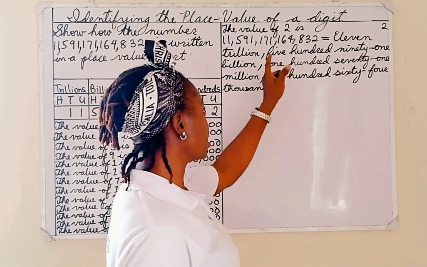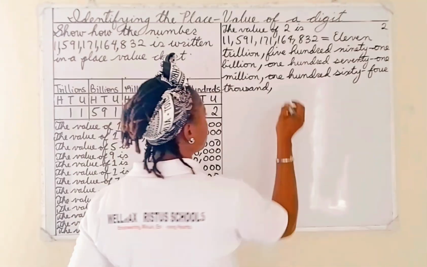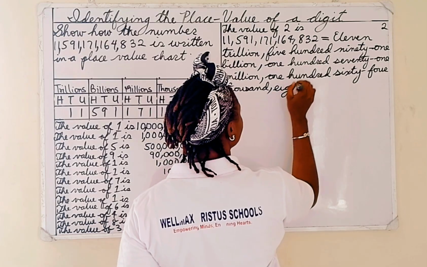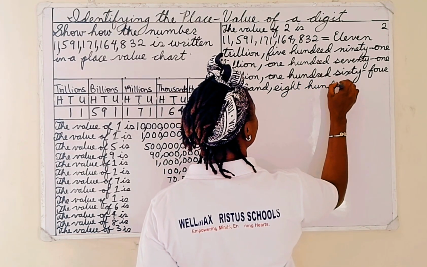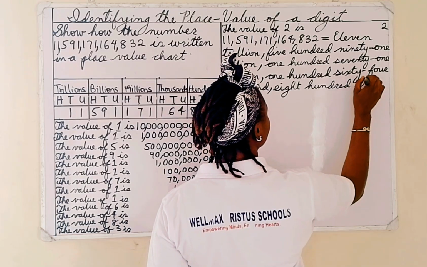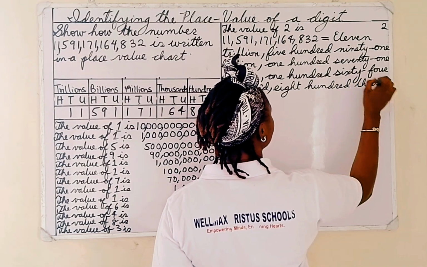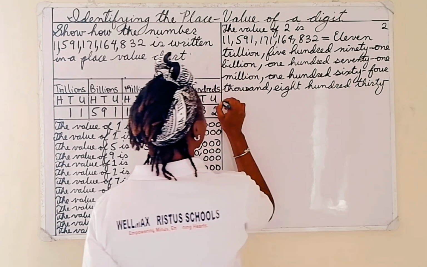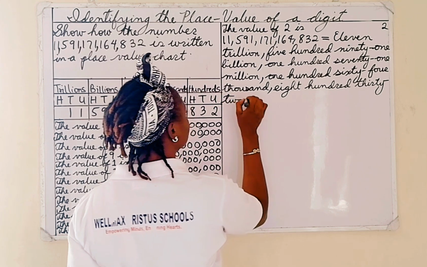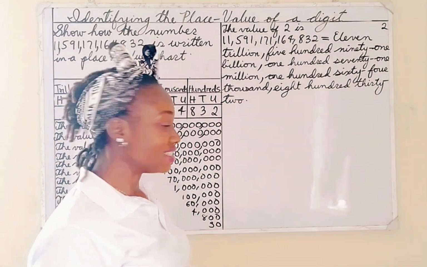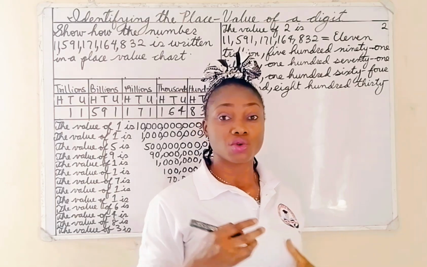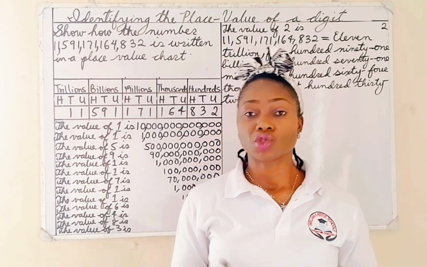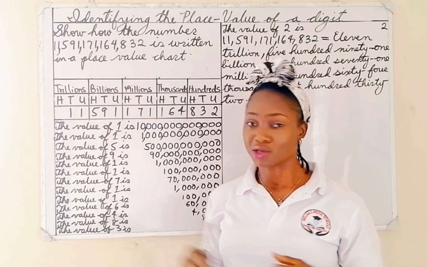Then the last set is 832. Can you see how easy that was? Very easy. So now we're going to have some examples to back up what we've learned so far.